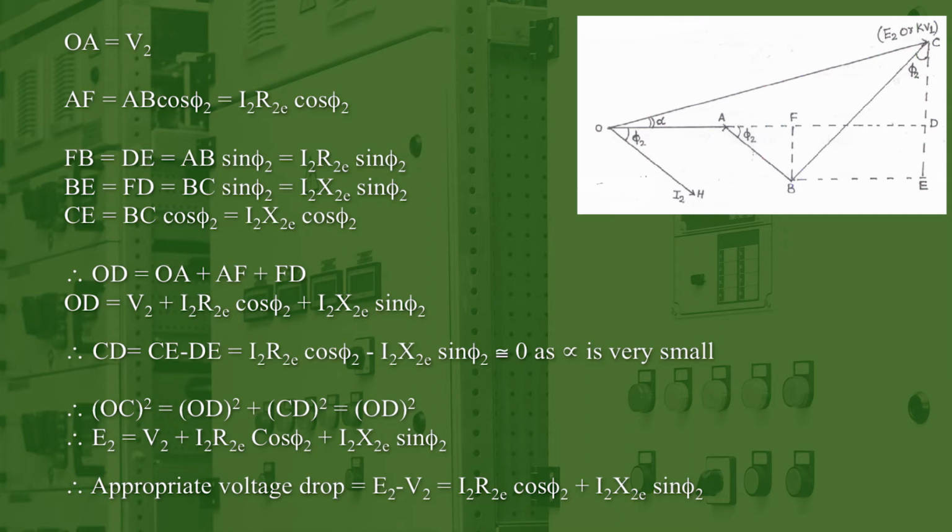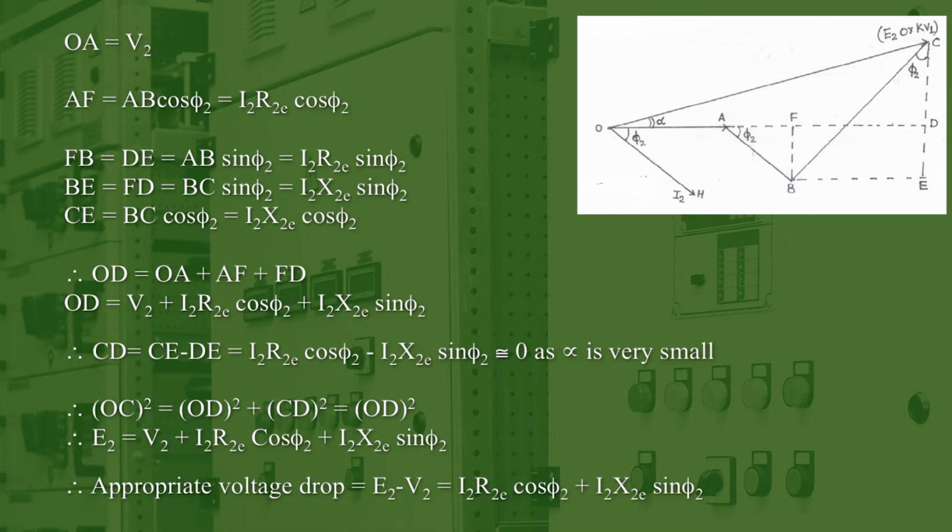So the value of this CD can be nearly equal to 0. Why? Because alpha, which is the angle between OA and this OC, is very small. So this value can be written as nearly equal to 0.